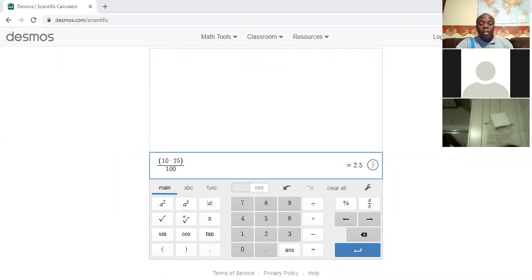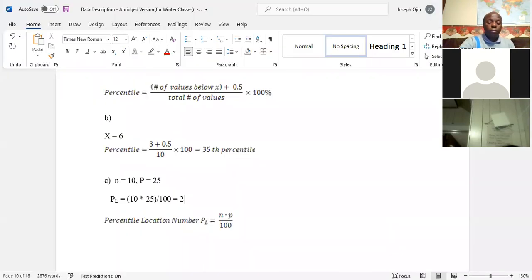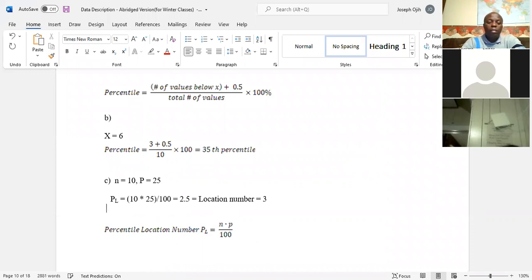Now, whenever it is a decimal like this, go to the next whole number, whether you are doing quartile or percentile. The next whole number is 3, which means that the location number is 3.